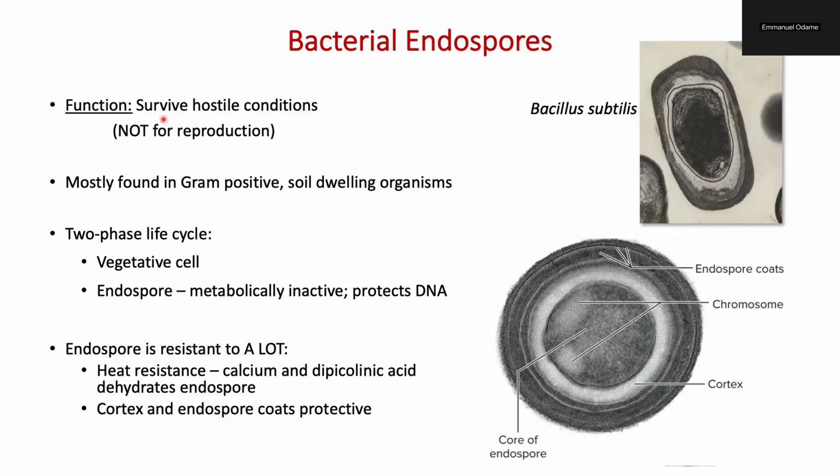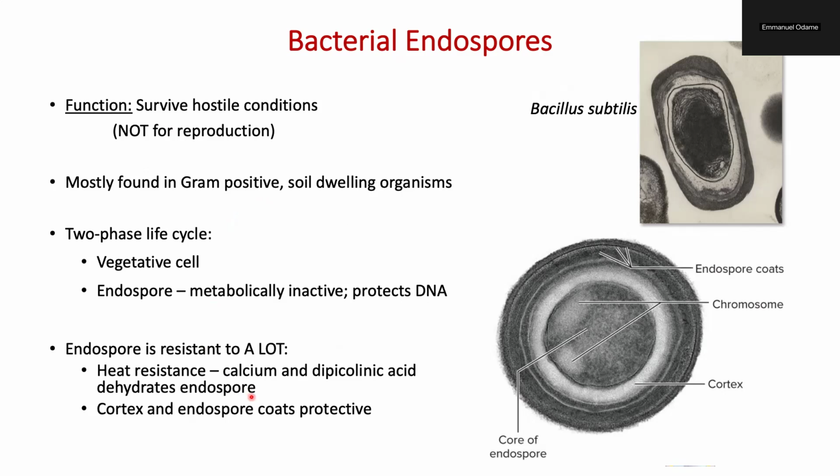The main function is to survive hostile environments, and they're mostly found in gram-positive bacteria or soil-dwelling organisms. They have two phases of life, the vegetative cell and the endospore phase. The endospores are metabolically inactive, and basically the function is to preserve the DNA and protect the bacteria from extinction.